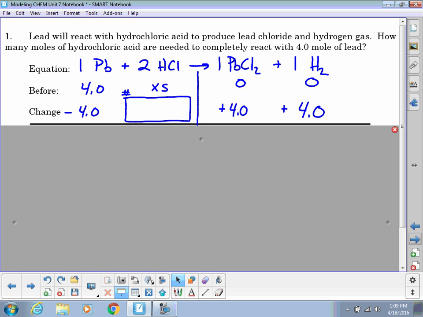We're going to be using up all of the lead because that's the only thing we know to start with. But I already know that because I have 1 Pb and 1 PbCl2 and 1 H2, those matching coefficients, I know that my change for the lead 2 chloride is going to be 4 moles and the change for the hydrogen gas is going to be 4 moles. Question is, and I have a box here, what is going to be the change for the hydrochloric acid?